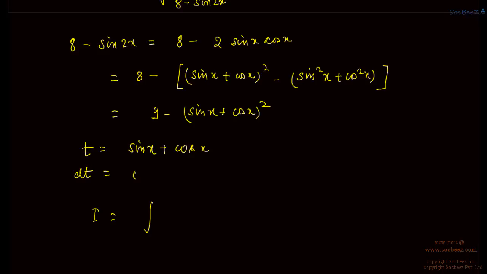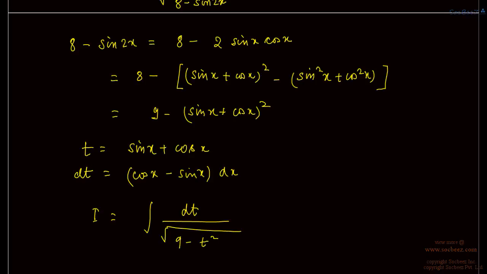The differentiation of sin x is cos x and the differentiation of cos x is minus sin x. So this is dt is cos x minus sin x dx. So we have the integral I as cos x minus sin x dx, we can substitute it by dt upon root under 8 minus sin 2x, we can write it as 9 minus t square.